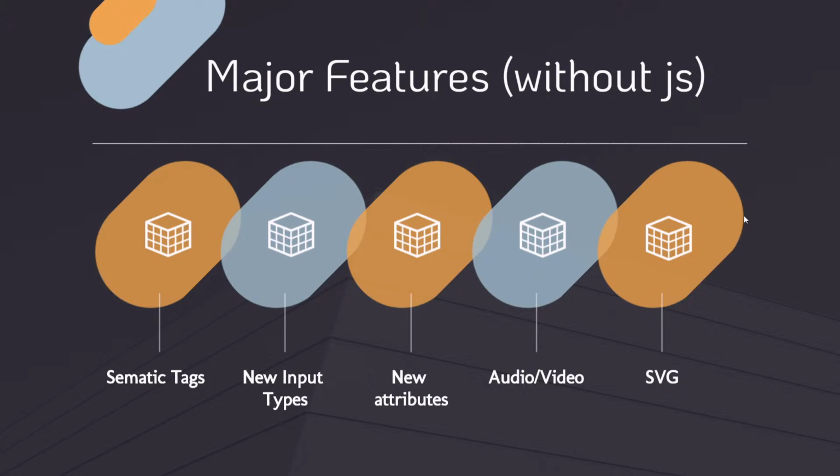Now with SVG, you can draw rectangles, arcs, and heavy animations, irrespective of whether the user is zooming in or zooming out, because SVG does it for you. These are some major features without JS.